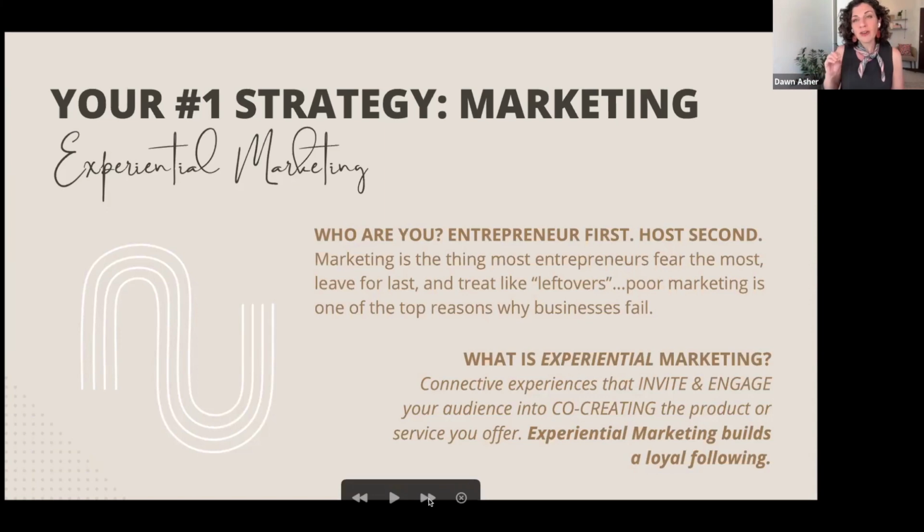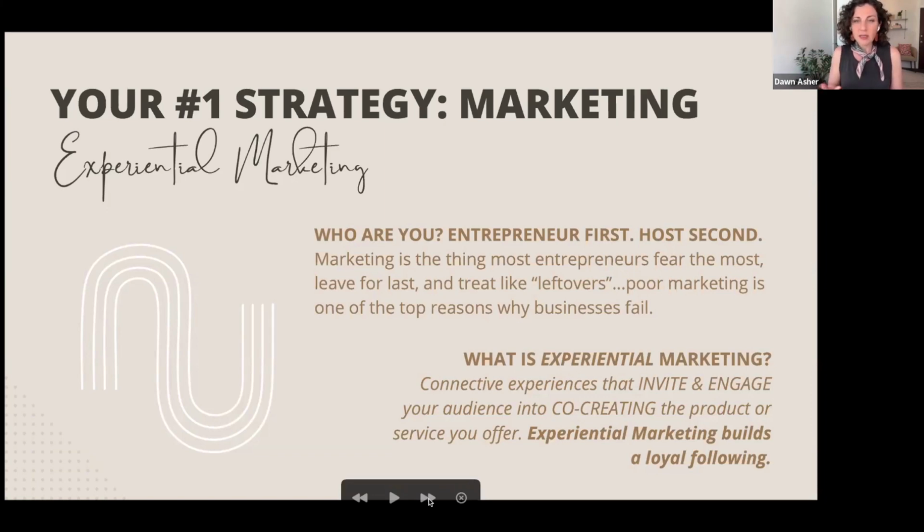So we are not going to suggest that you get into this business thinking design forward. We want you to be thinking about this business from a marketing standpoint. How are you going to market the experience that you want to sell? Further, at the Olive Jar, we are all about experiential marketing because we are not selling a product, we are selling an experience.